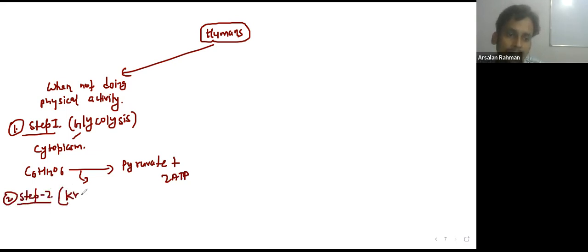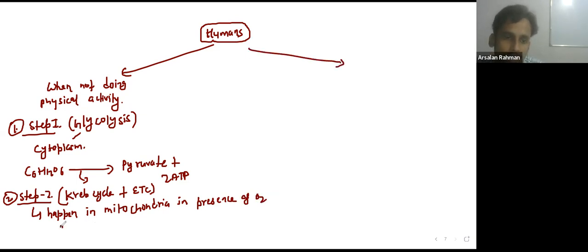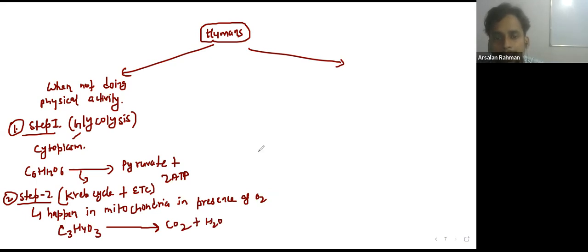This happens in the presence of oxygen. So this pyruvate, C3H4O3, will convert into CO2 plus H2O and give 34 ATP.